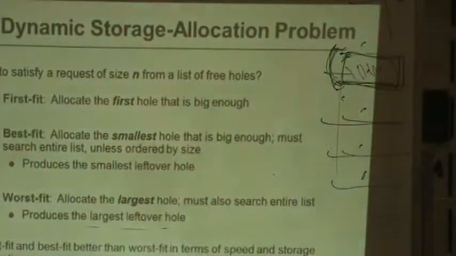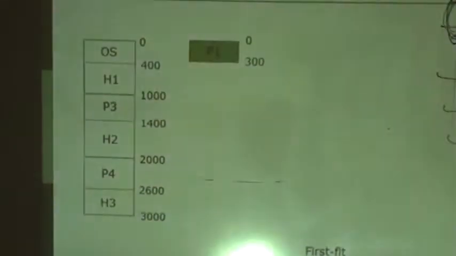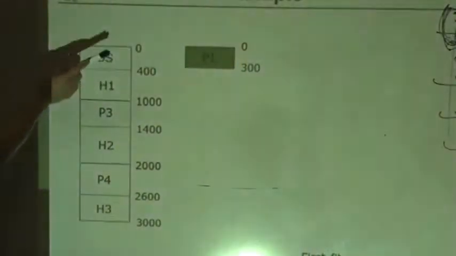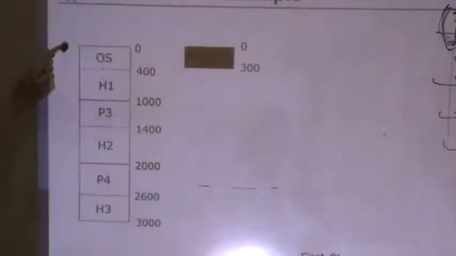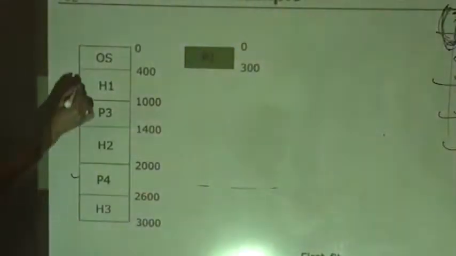For example, this is an example of first fit. This is the current status. We have memory addresses 0 to 3000. The operating system resides in the lower memory, and we have 2 processes and 3 holes.